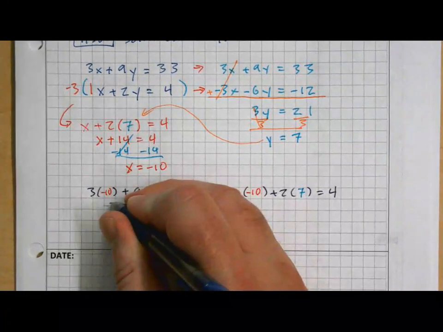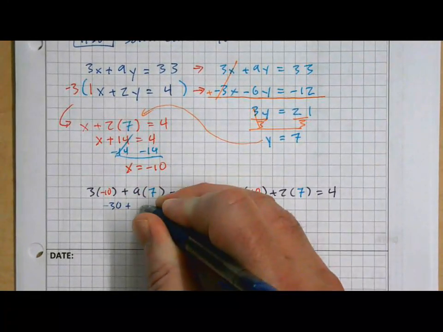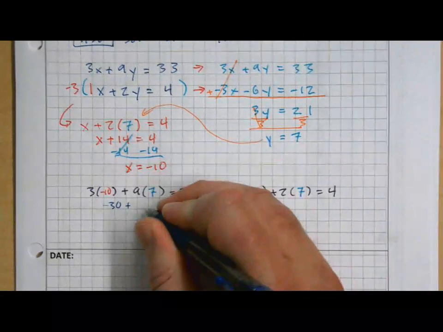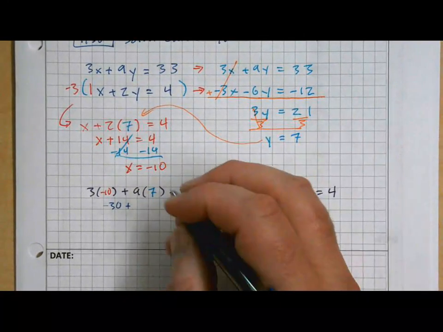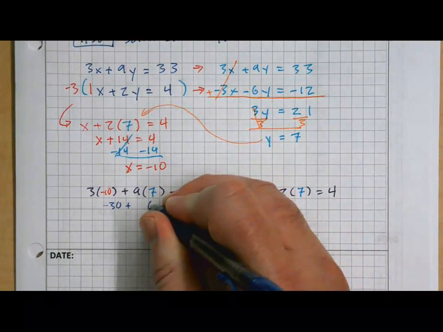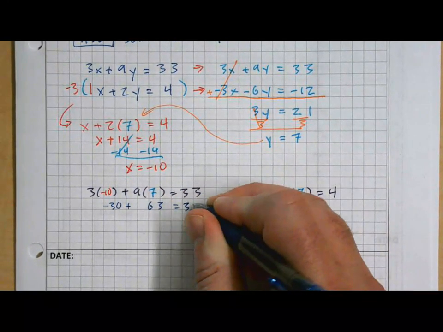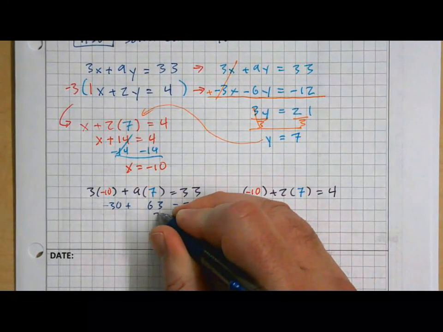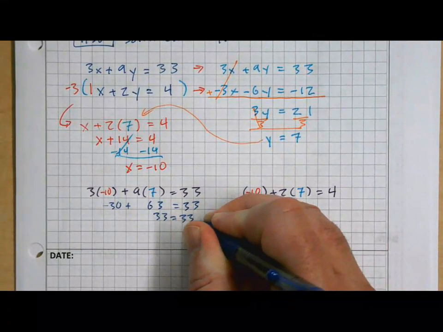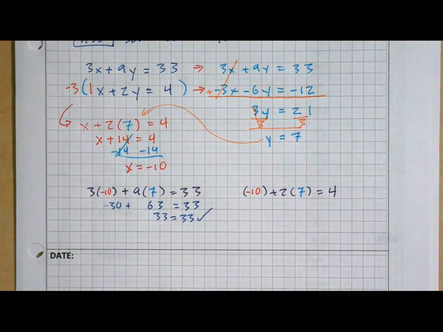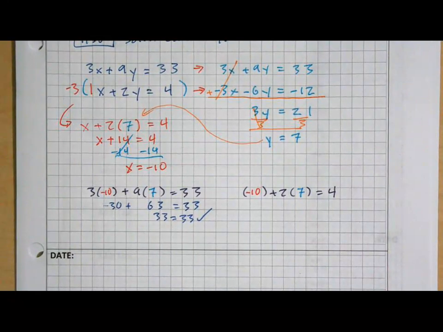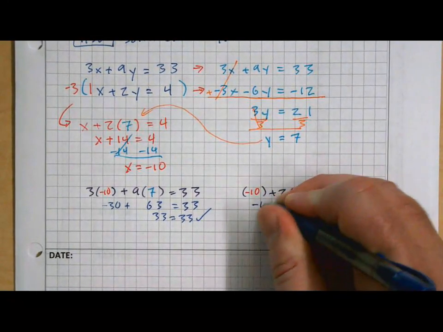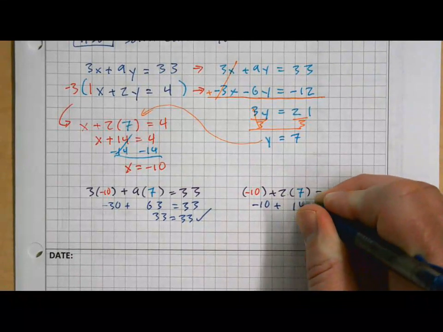This would be negative 30 plus 9 times 7 is, help me out here, 63. And negative 30 plus 63 is 33. So 33 equals 33. That checks out. We just need to check the other equation and make sure it works as well. Negative 10 plus 2 times 7 is 14.